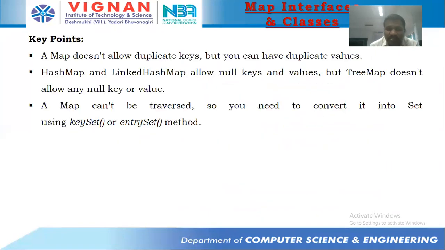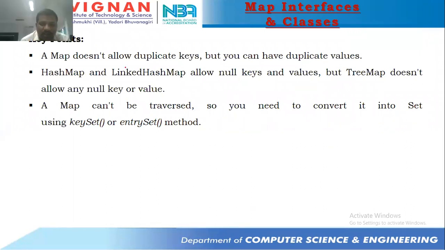The key points: a map does not allow duplicate keys, but you can have duplicate values. Key should not be duplicate, but value can be duplicated. HashMap and LinkedHashMap allow null values, but TreeMap does not allow any null value, because elements should be placed in sorting order.